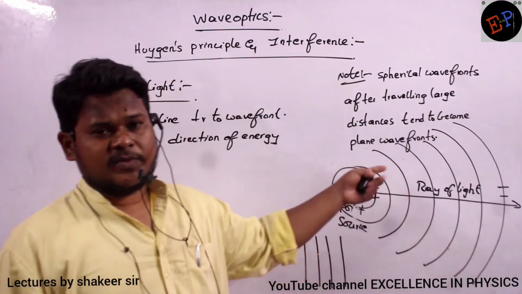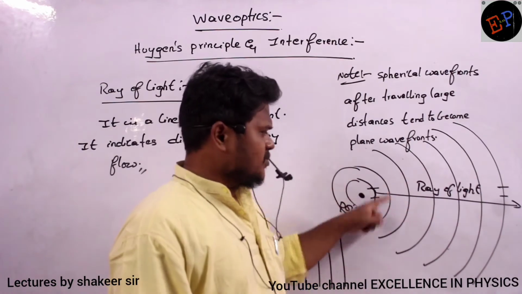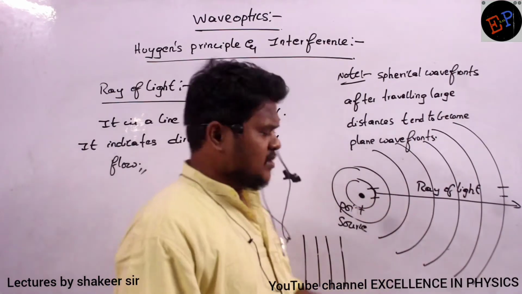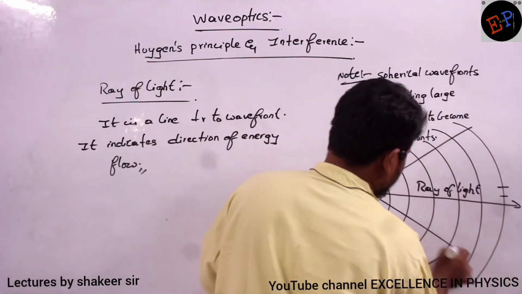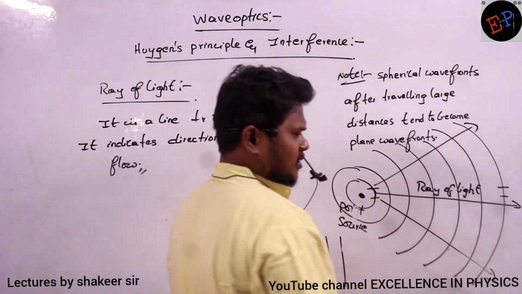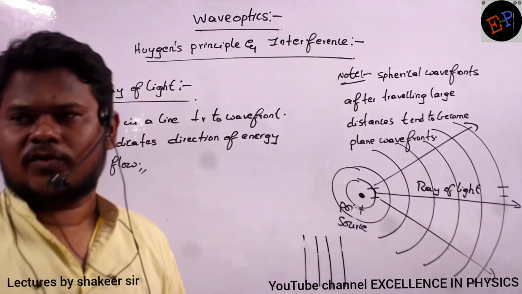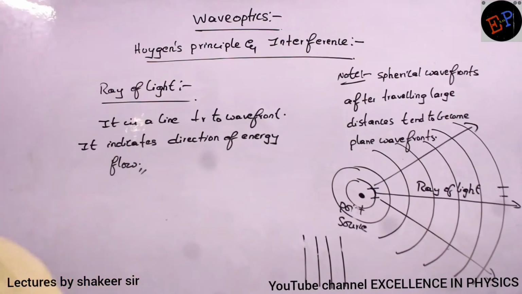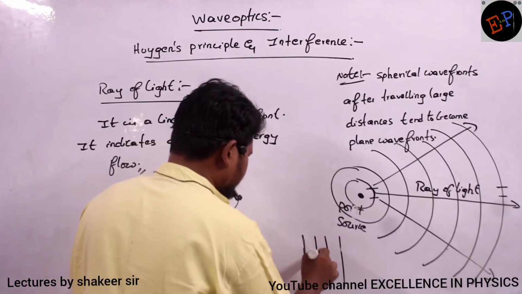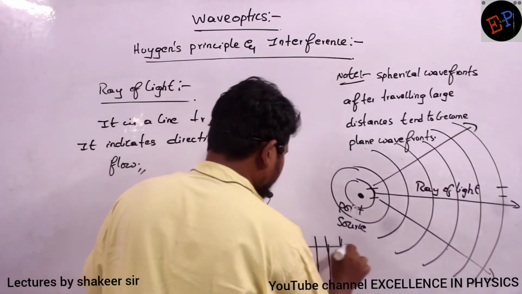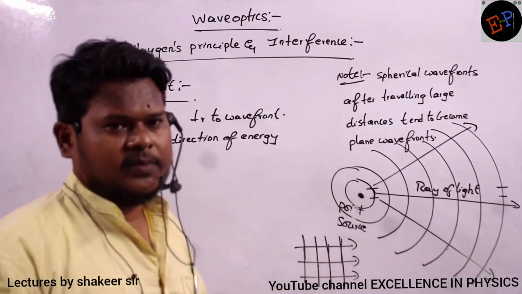Ray means that direction of energy flow which is perpendicular to the wavefronts. So this is one ray of light, this is another ray of light, and another. They indicate the direction of energy flow. Similarly, in plane wavefronts also, this is the direction of energy flow. This is the ray of light.